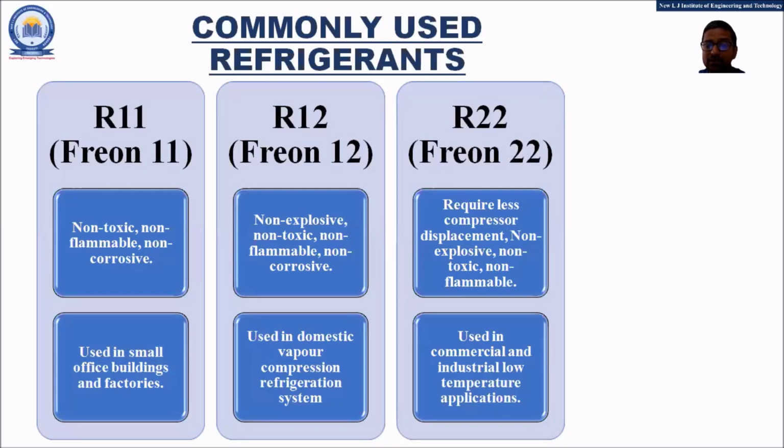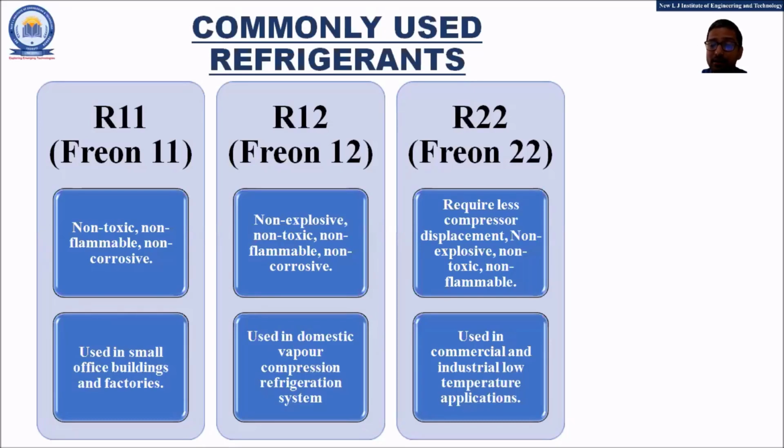R11 is used in small office buildings and factories. Next type is R12, also known as Freon 12. It is non-explosive, non-toxic, non-flammable as well as non-corrosive. And friends, R12, Freon 12, is used in domestic vapor compression refrigeration systems.